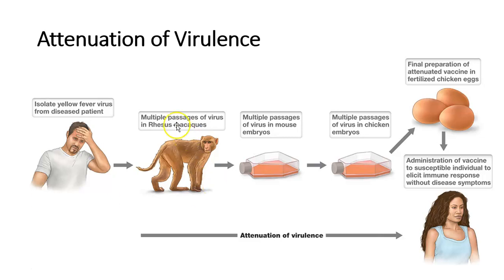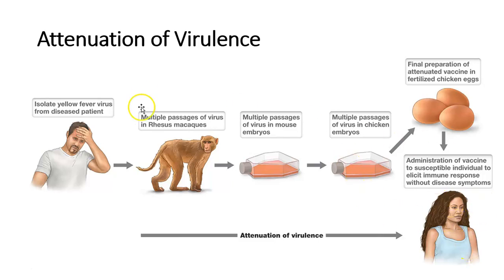So attenuation is like, here we go. You isolate the yellow fever virus from somebody that is diseased with it. It's no longer done this way, but this is just an example. Multiple passages of the virus in the rhesus monkey, and then we put it in mouse embryos, and then chicken eggs, and then we can administer the vaccine to somebody, and they will elicit an immune response and not get the disease.